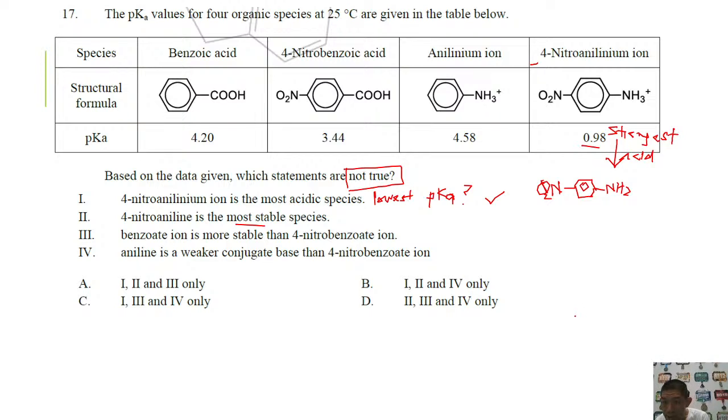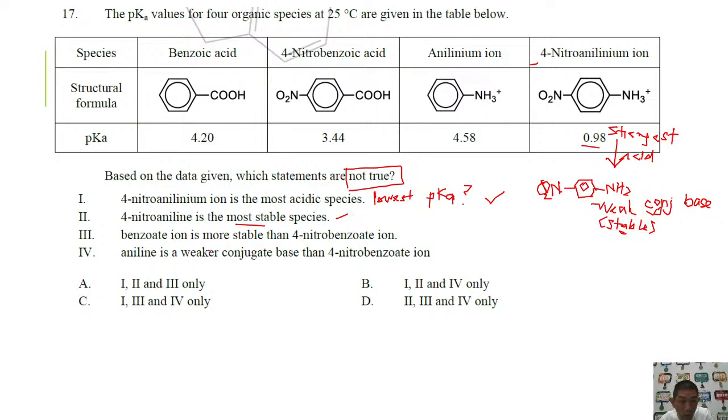When you have the strongest acid, it will give you the weakest conjugate base. And when you have the weakest conjugate base, actually it is the most stable. So that one is the most stable species. So number 2 is true.